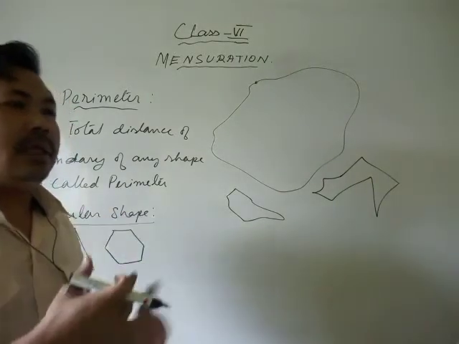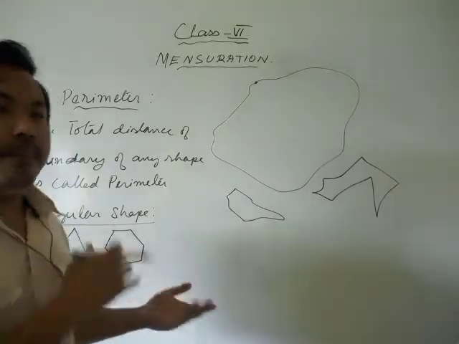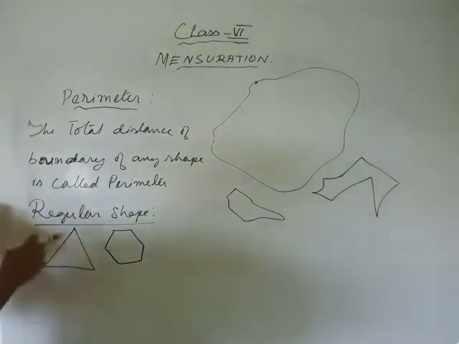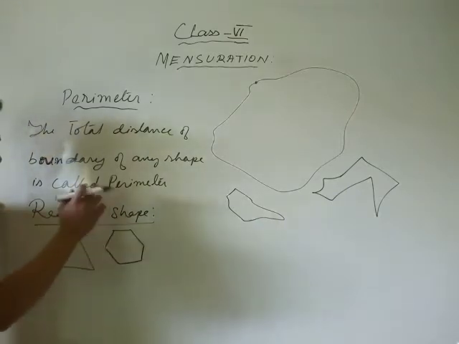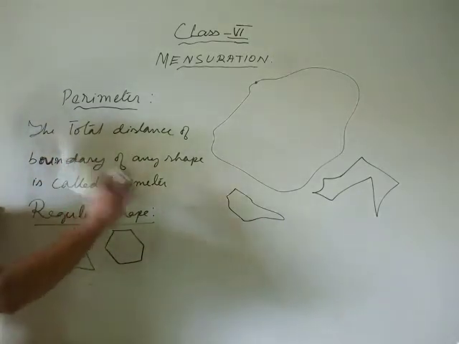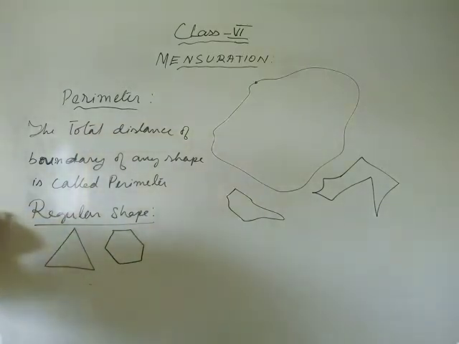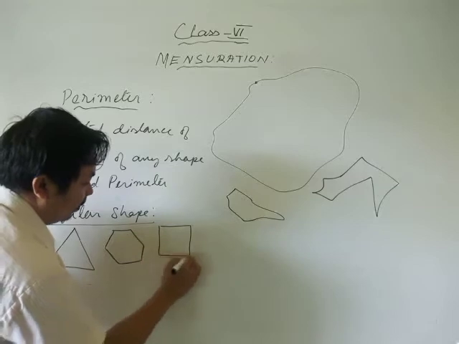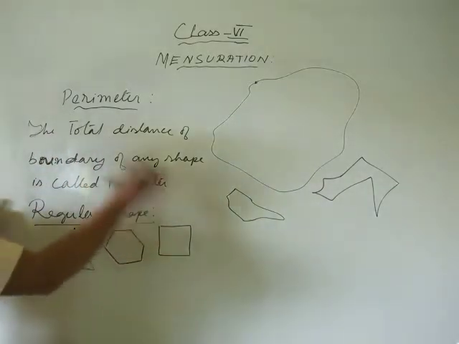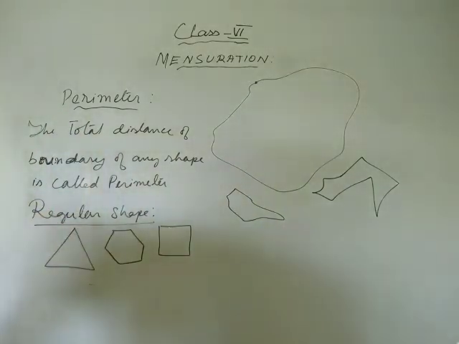The sum of all the equal sides is their perimeter. 1, 2, 3 plus them is its perimeter. 1, 2, 3, 4, 5, 6 plus them is its perimeter. One more regular shape, the square: 1, 2, 3, 4, all these four sides give the perimeter.